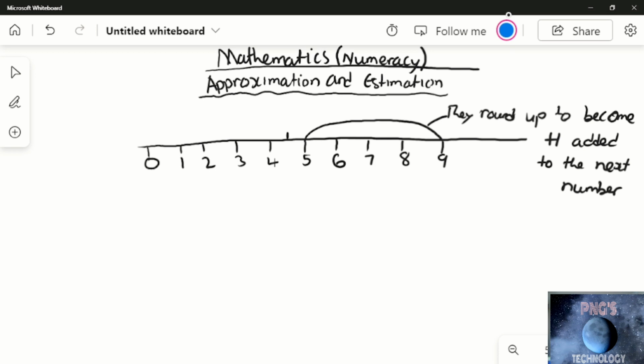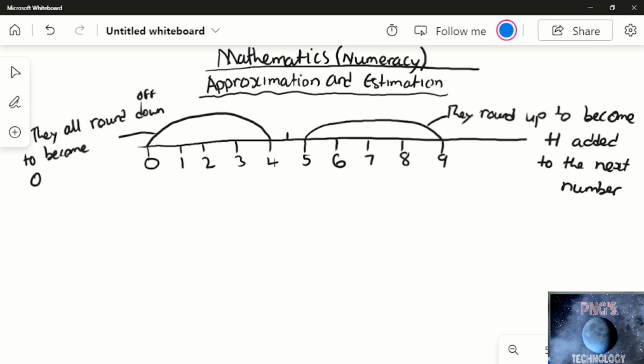Then from this range down to this range, we can see they all round down, or you can say round up, to become 0.